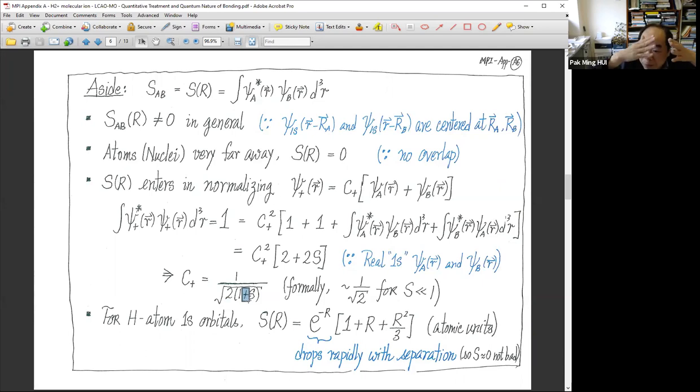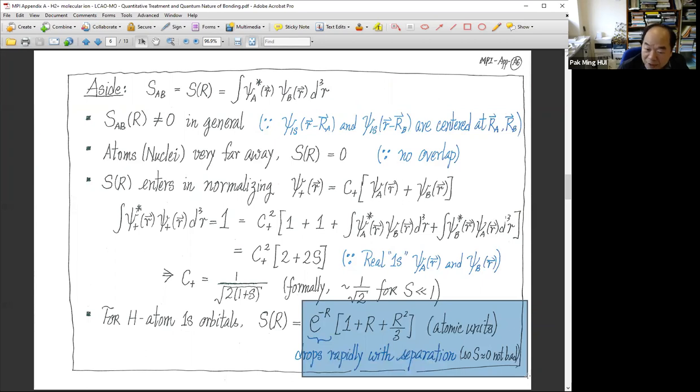Nonetheless, when the separation is not very close, if you approximate S to be 0, then you have 1 over square root 2, what many students would have guessed. But let me tell you, if you plug in 1s on the left, 1s on the right, that can be done analytically, and this is the answer, okay?